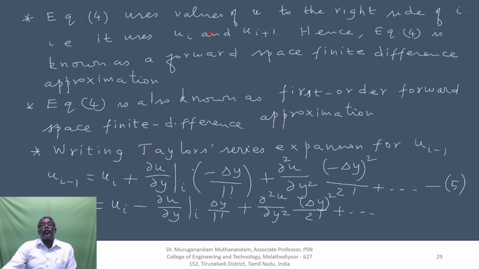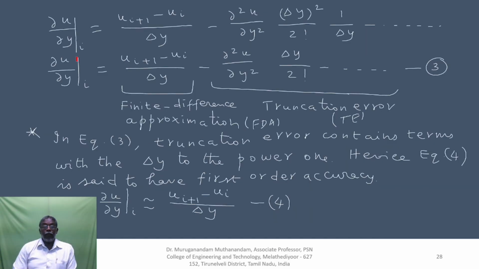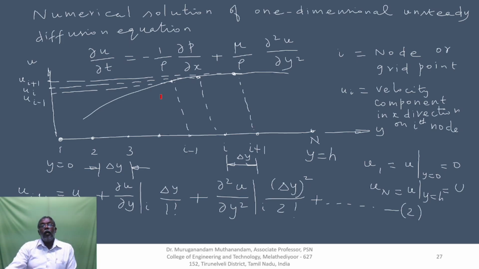Equation 4 uses values of u, that is the x component of velocity, to the right side of I. This is the grid point I. At the grid point I, the velocity is ui. At the right side, the grid point I plus 1, the velocity is ui plus 1.